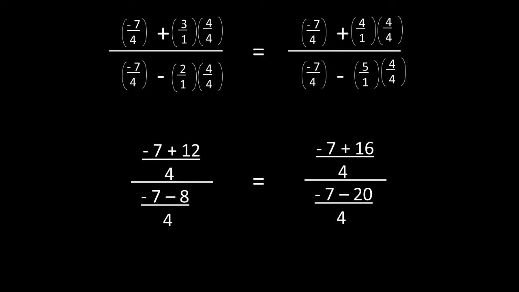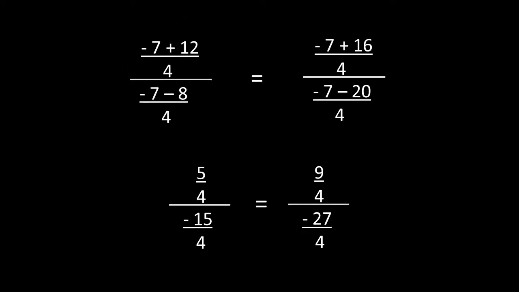So we have, which results to ((-7 + 12)/4)/((-7 - 8)/4) = ((-7 + 16)/4)/((-7 - 20)/4).